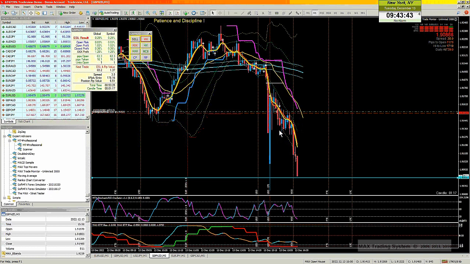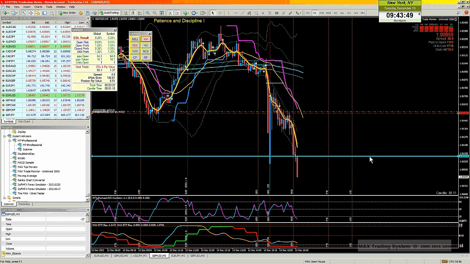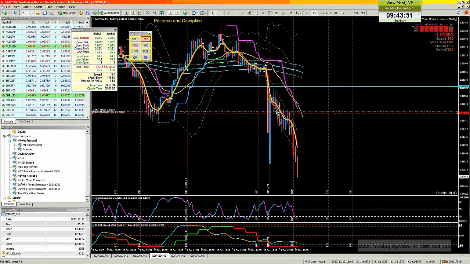And if we have both wicks and tails which are pretty much large, then we can have an idea that the volatility is high. So we need to keep a stop loss large enough to avoid, in the case of an increase of the volatility against us, being stopped out too early.